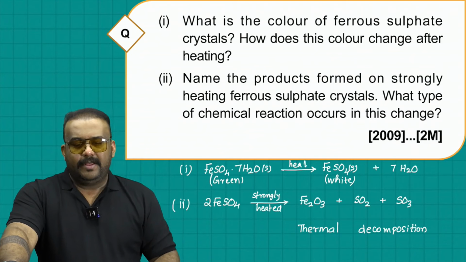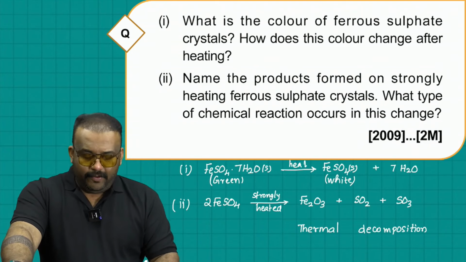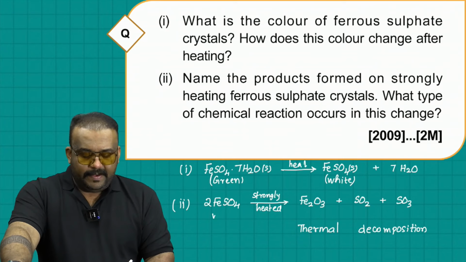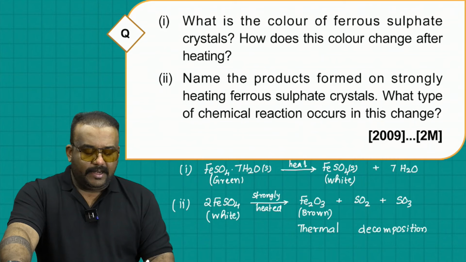Right. So, in this, I want to add a few more observations. One is, anhydrous ferrous sulfate is white in color and it changes into brown colored Fe2O3, and it also results in the formation of two gases here. What are the gases? Sulfur dioxide and sulfur trioxide. You know that these two gases are the oxides of the non-metal called sulfur and these are acidic gases.